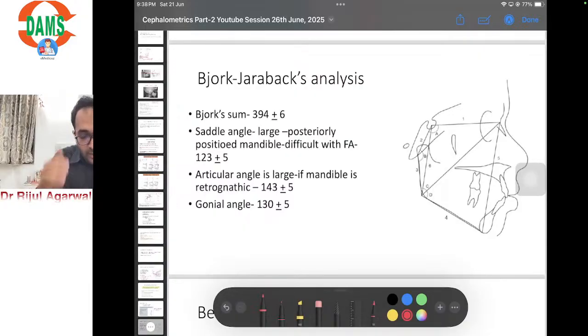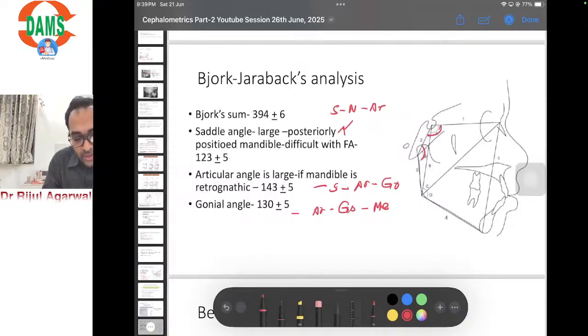So the saddle angle is measured from sella nasion to articulare. The articular angle is from sella articulare to gonion, and the gonial angle from articulare gonion to menton. So this angle, and this angle. So what is important in this is the inference of these values.